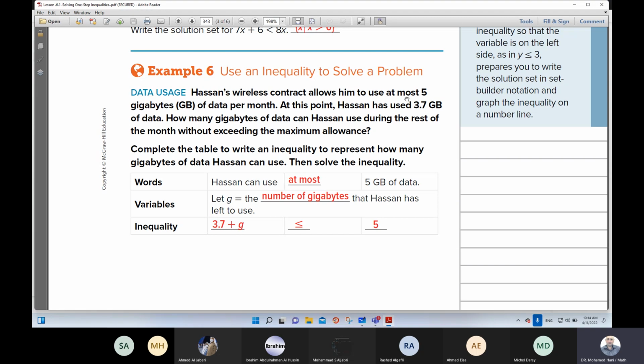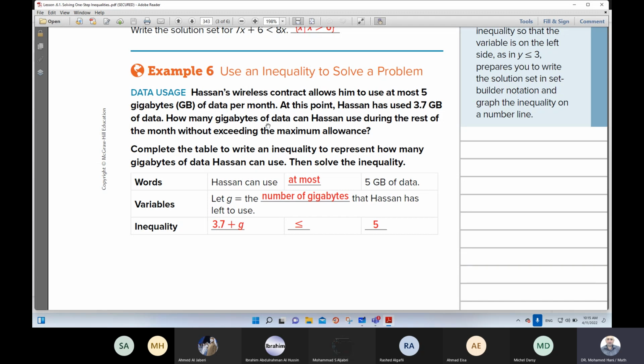At most 5 means the biggest value is 5. The biggest value 5 gigabytes, or GB, of data per month. At this point, Hassan has used 3.7 gigabytes of data.